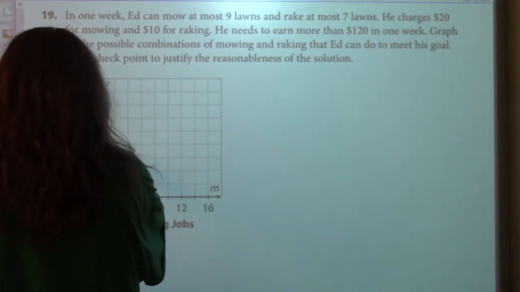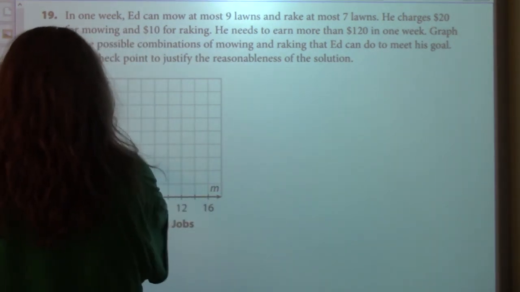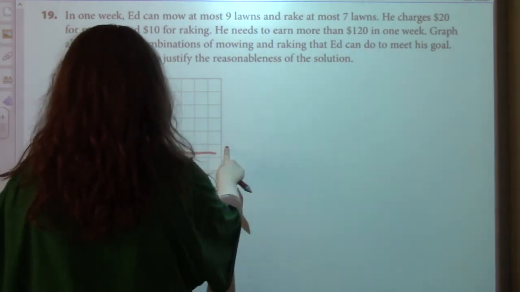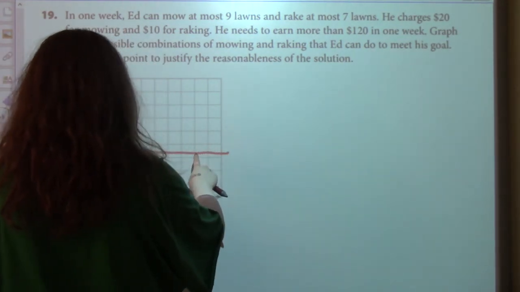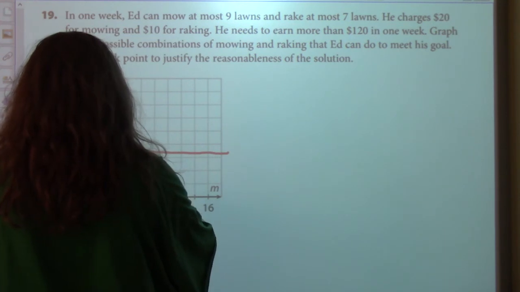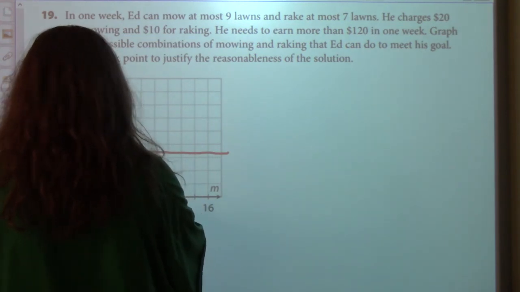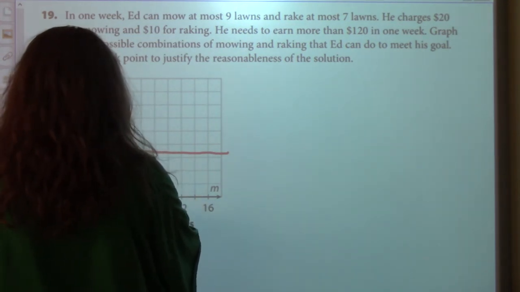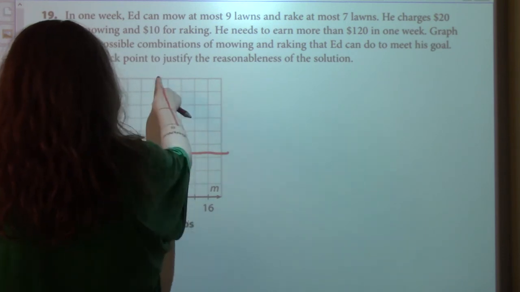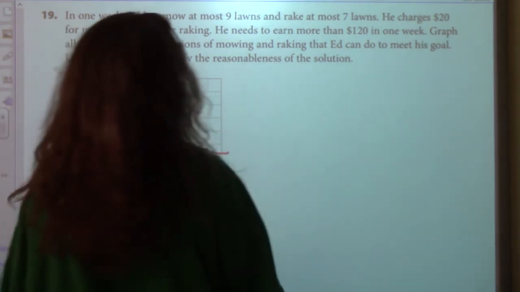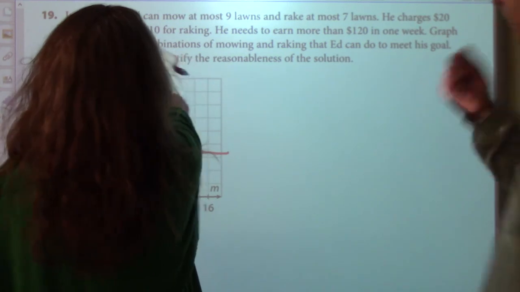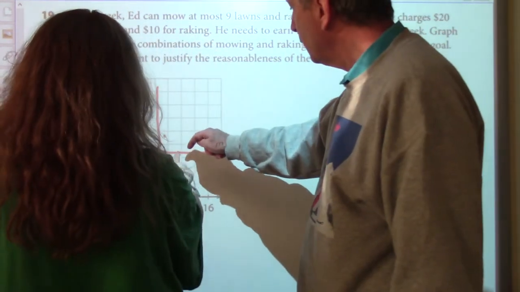Okay, I did this for all cricket characters. That's so cute. It's like 9, I guess. All right. So at most, which way are we going from here? Down, oh my god.